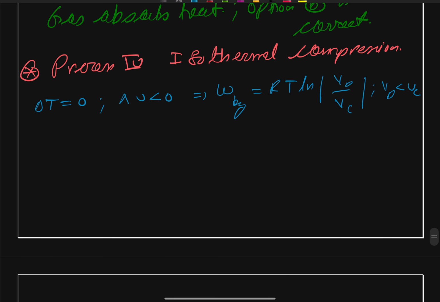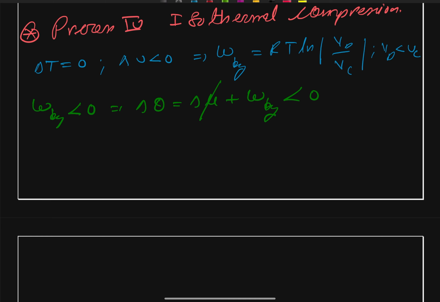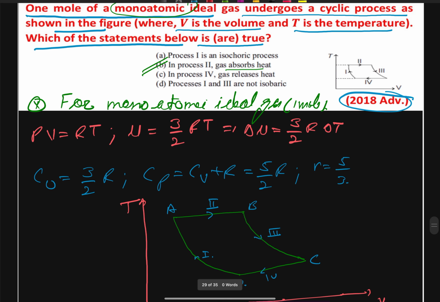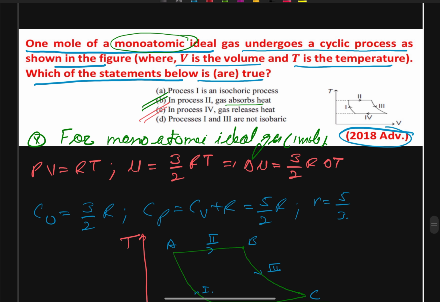Therefore, we can say that W will be less than 0. So once again, delta Q will be equal to delta U plus work done. Delta U is 0, so this comes as less than 0. Therefore, we can say that the gas releases heat. So if the gas releases heat, we get option C is also correct.